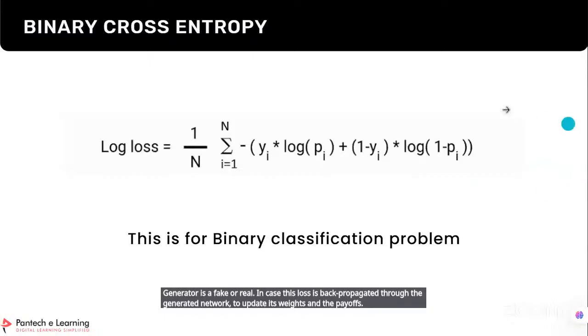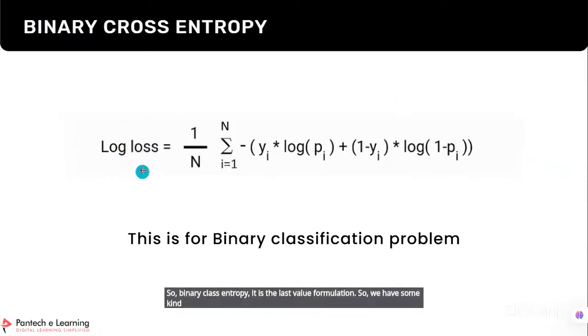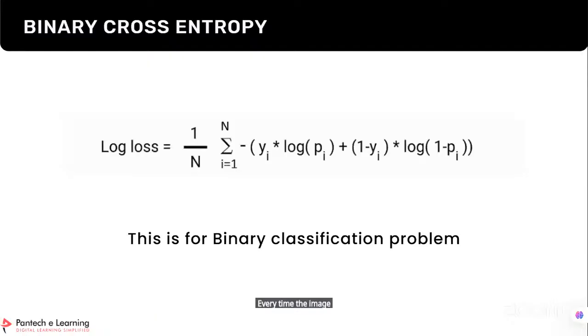So binary cross entropy is the loss value formulation. Every log file, that means our image file, has some kind of loss. Every time the image is rejected as a fake one, it does the back propagation again, and every time the binary cross entropy formula is applied in this place.